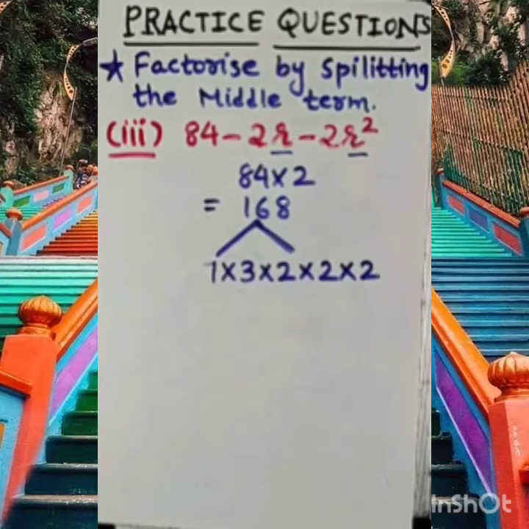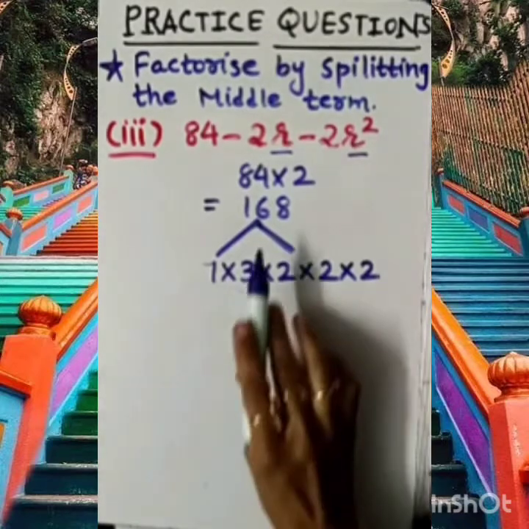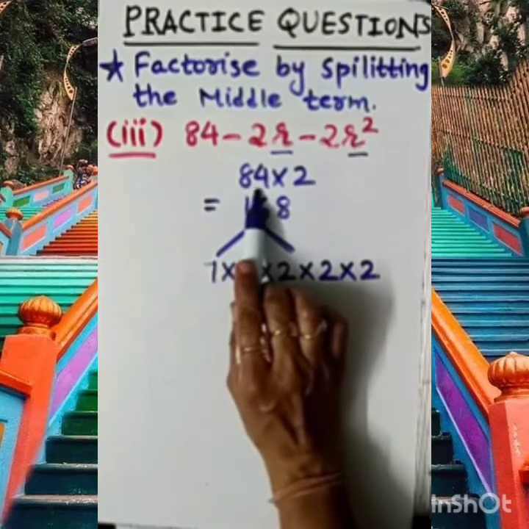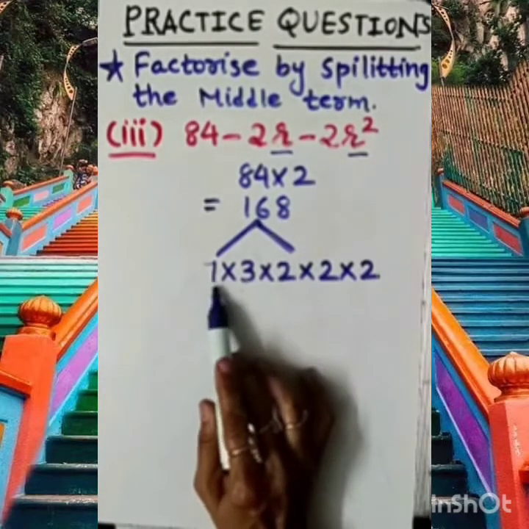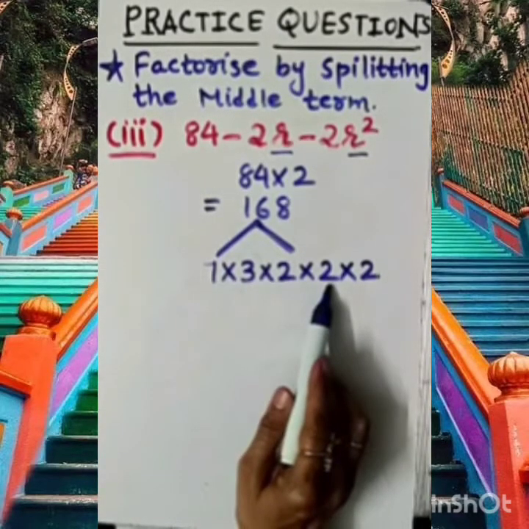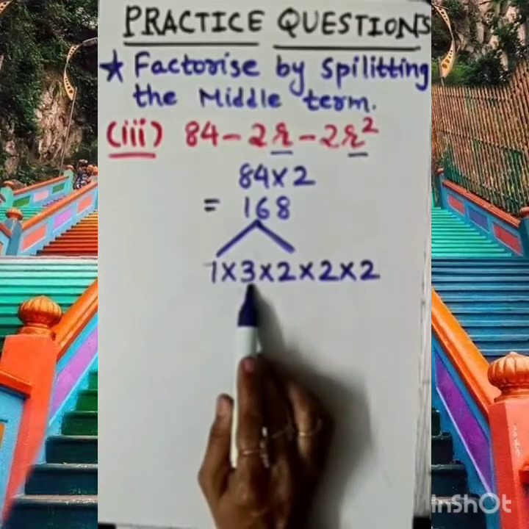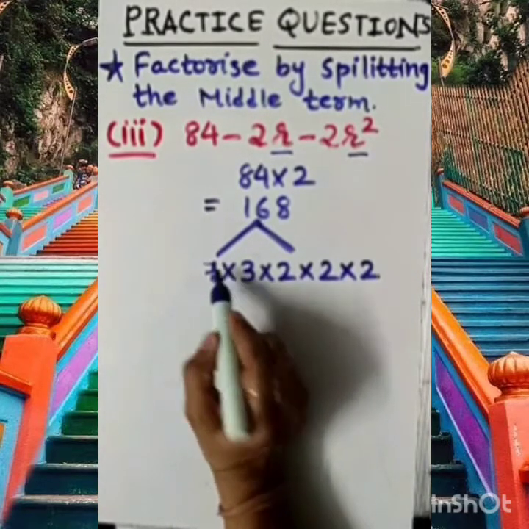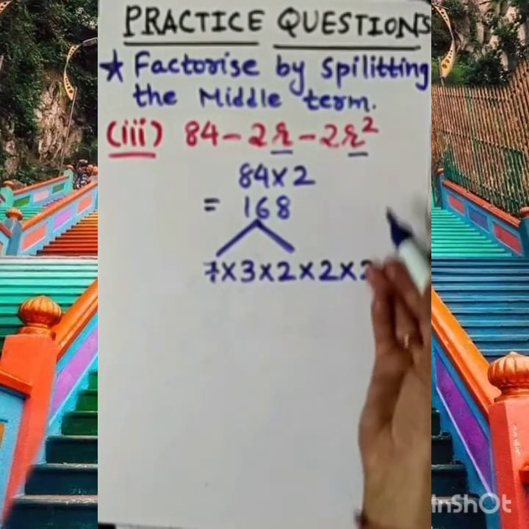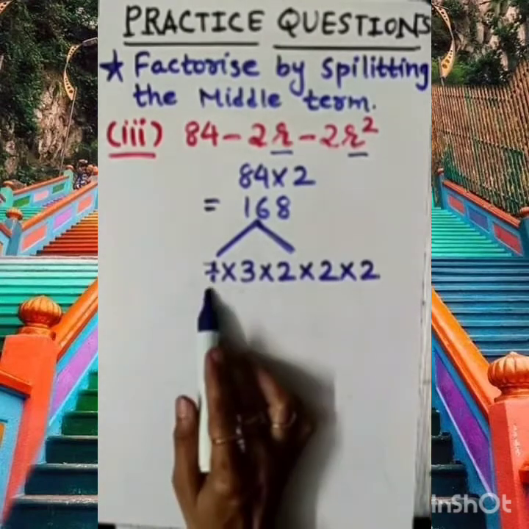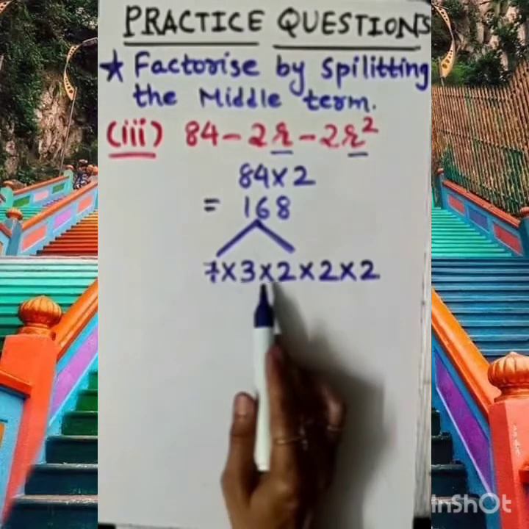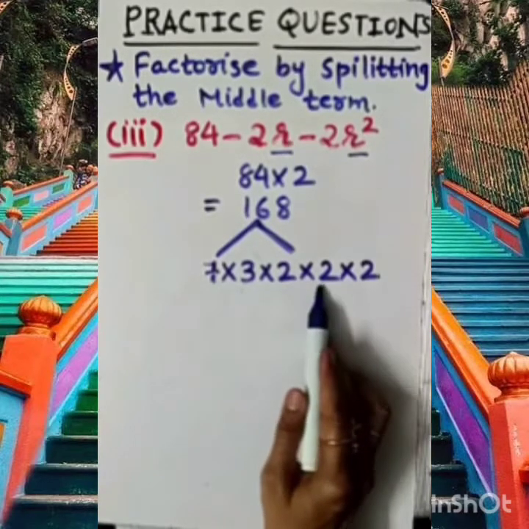These are the factors of 168. 84 can be written as 7 into 3 into 2 into 2, and the factor 2 again. You can find all the possible factors even with the prime factorization method also. So the factors which we are having of 168 are 7 into 3 into 2 into 2 into 2.